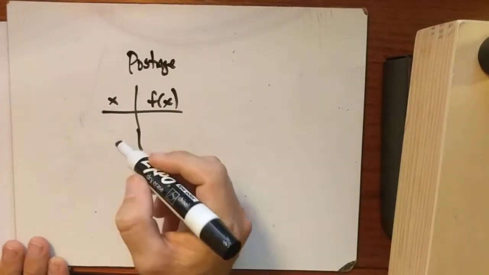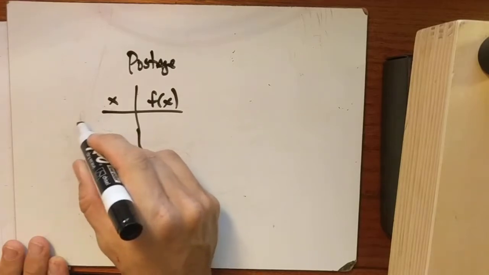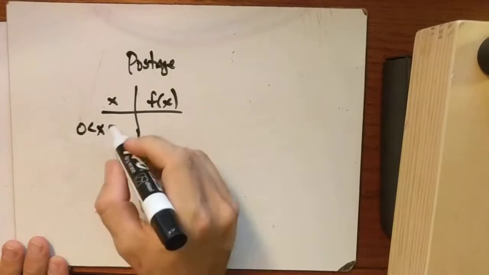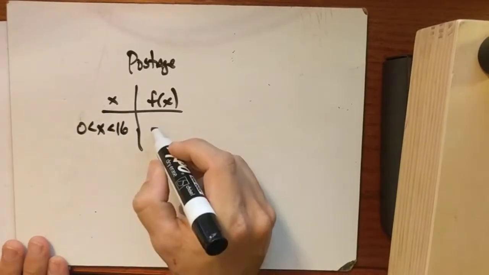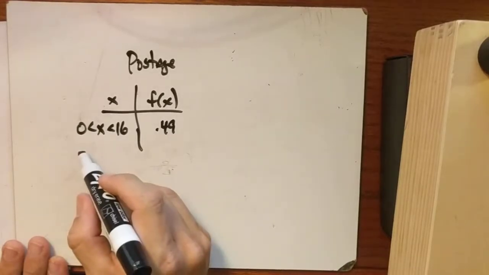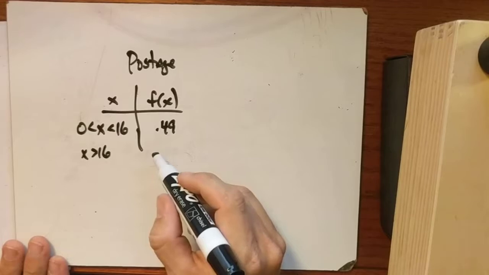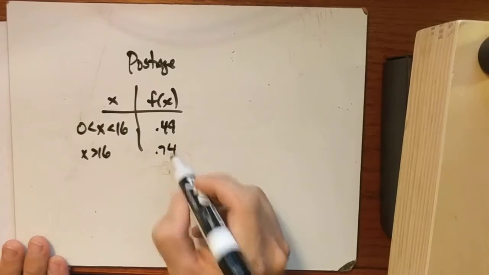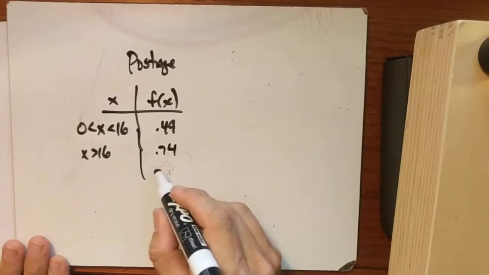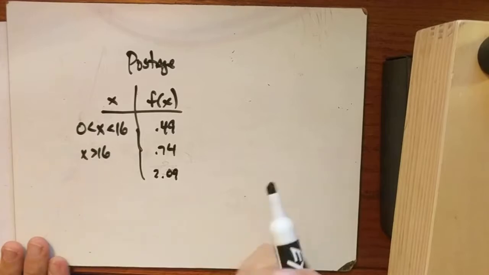So if x is anything that weighs less than 16 ounces, you have to pay 49 cents for postage, right? But after that, if x is greater than 16, then you have to pay more. You know, you have to pay like 74 cents, or let's say if it's 2 pounds, you might have to pay $2.09, and then there are different options after that.